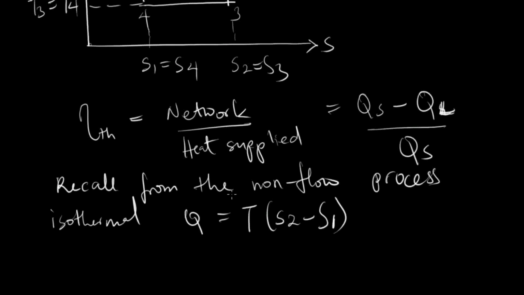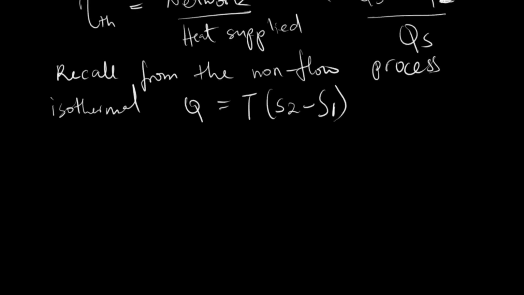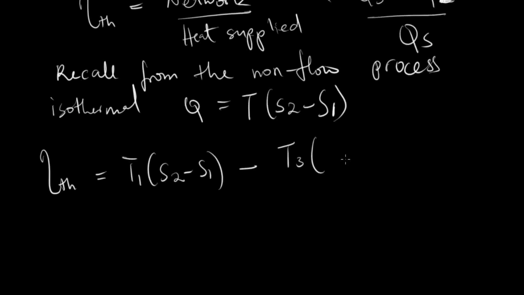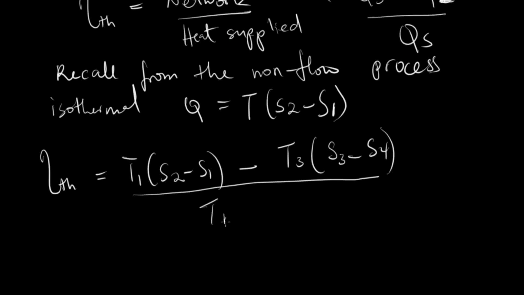Since it's a gas, we can say that the efficiency is heat supplied, T1 times S2 minus S1, minus heat rejected at the lower temperature, T3 times S3 minus S4, all over T1 times S2 minus S1.